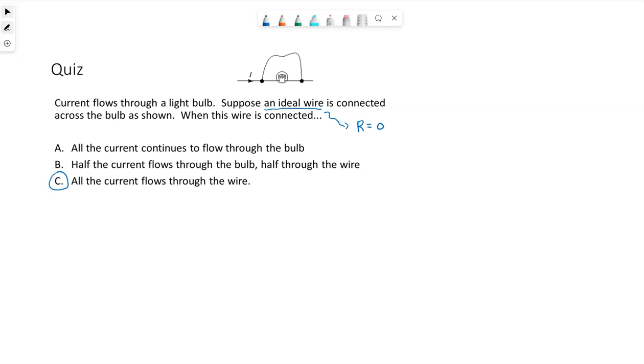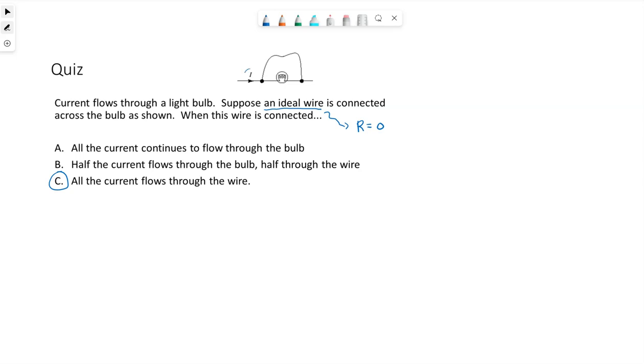Whether or not that is a good assumption depends upon how much resistance that light bulb has. Connecting wires, as long as they're not really long, typically don't have much resistance. And so it's not necessarily a bad assumption.